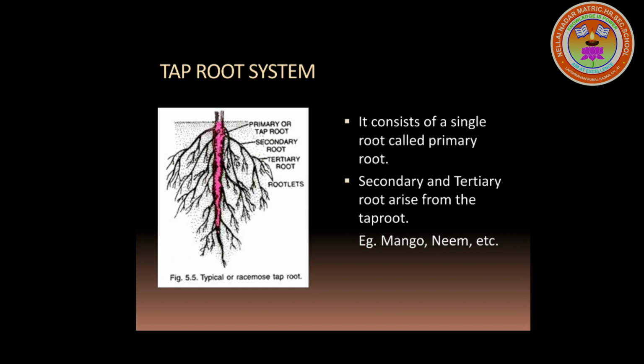See children, in this picture you can see the colored part in the center is called a primary root. From that primary root only the secondary root and the tertiary root arise. Are you clear? Examples are mango, neem, etc.